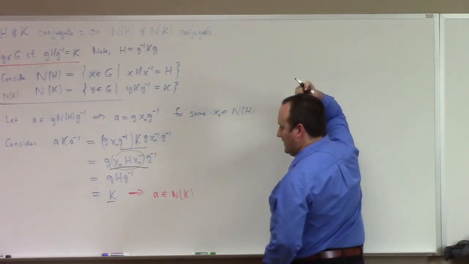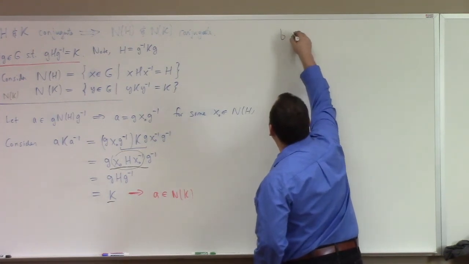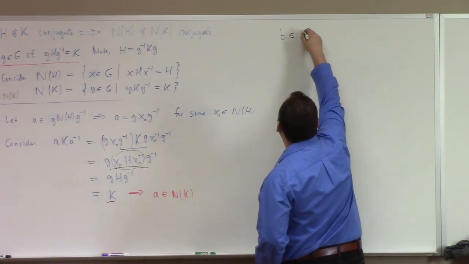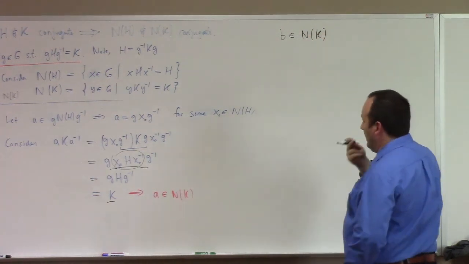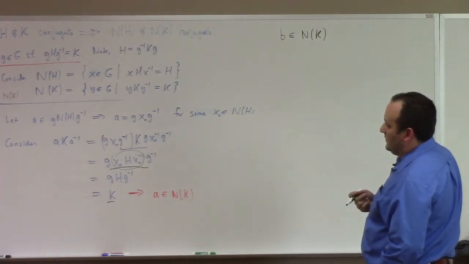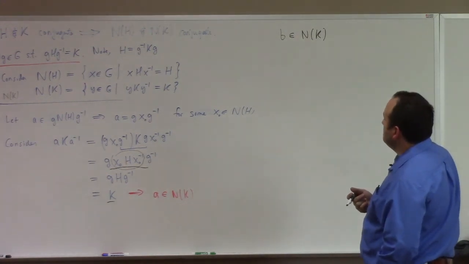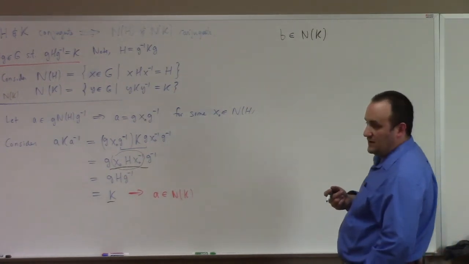Okay, so this time we should pick, let's say B, an element of N of K, right? And I want to show that it's where? My goal is to show it's in G N of H G inverse, right?